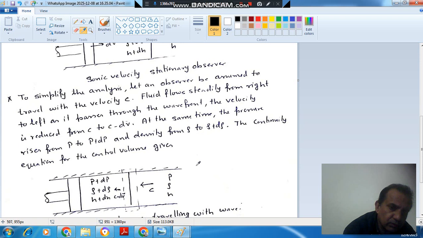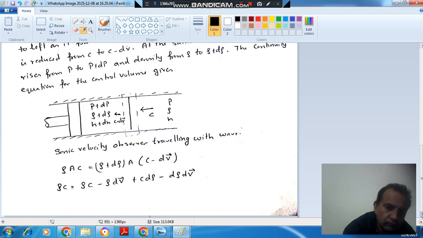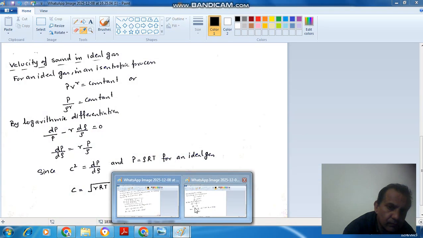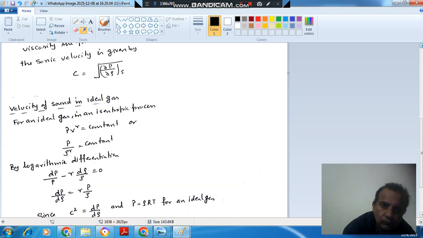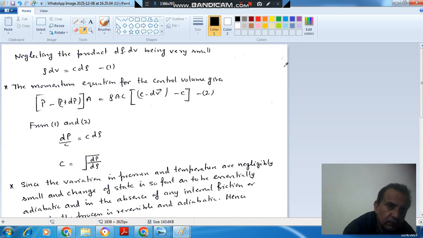The continuity equation for the control volume gives rho A c on the left side is equal to rho plus d rho into A bracket c minus dv, or solving it, equation number 1. So that is rho dv is equal to c d rho.